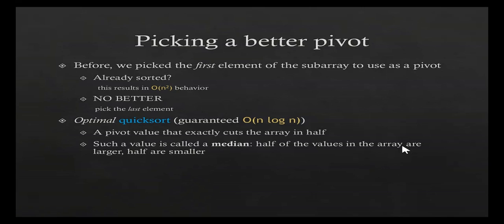So in that case, what can we do? How can we neglect this, or consider this? If we don't want to get the worst case performance, what can we do?